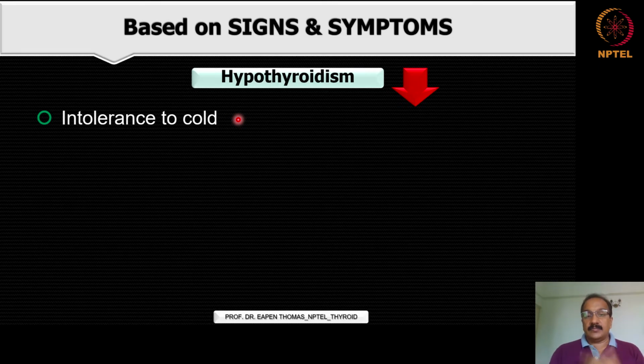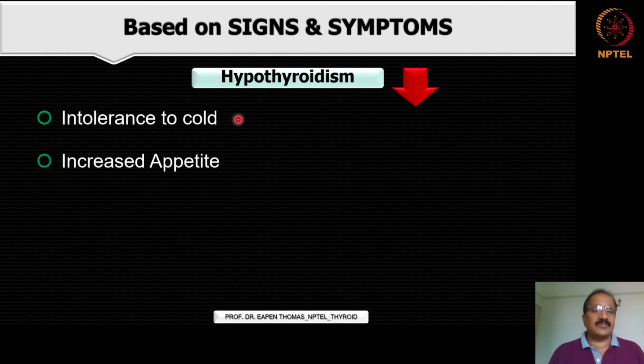The calories have to be produced. So when no calories are produced, what happens? The body doesn't have adequate energy to bear this stress. So intolerance to cold is because of hypothyroidism. There is a reduced amount of thyroid secretion, so there is a reduced calorigenic effect and the patient can't bear the cold. So intolerance to cold is because of that.